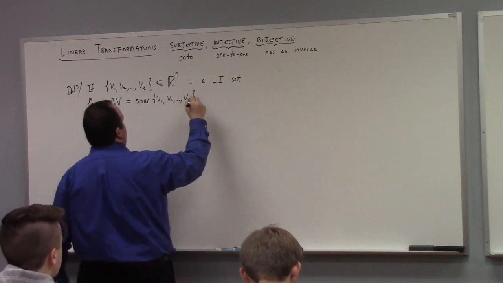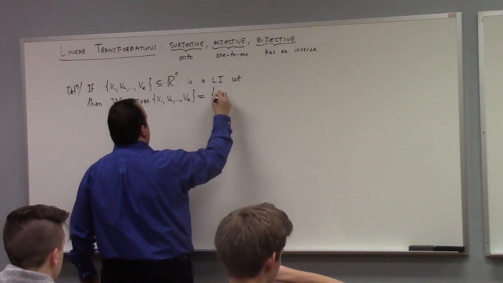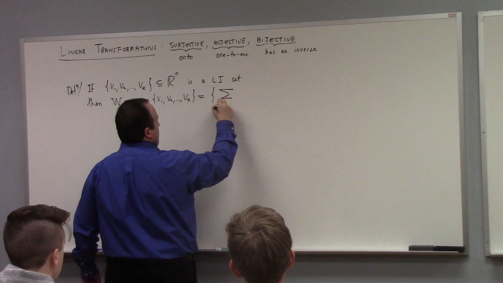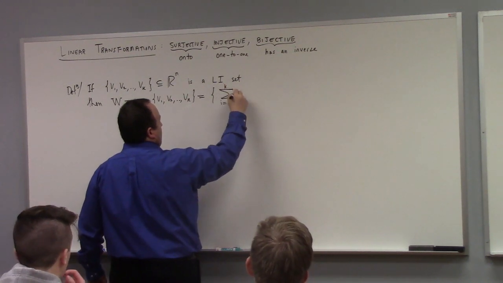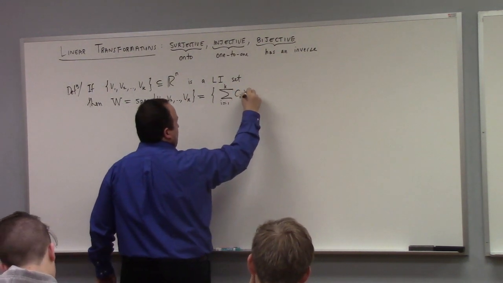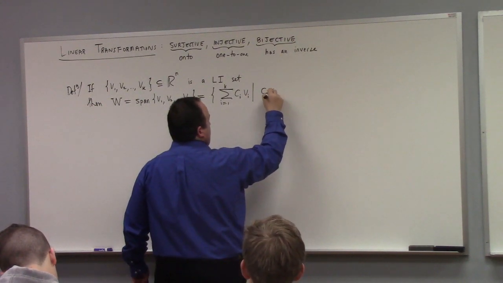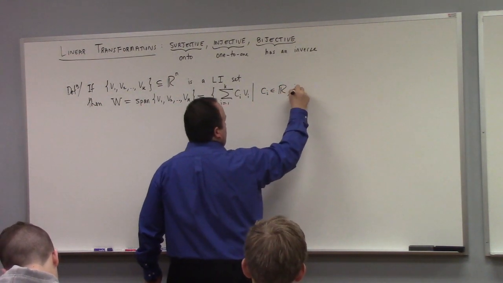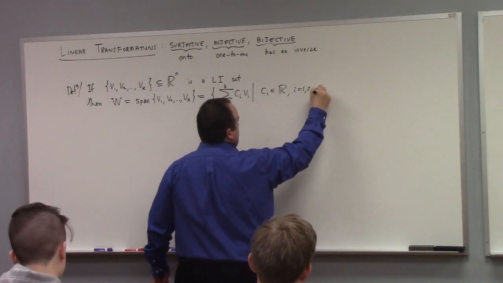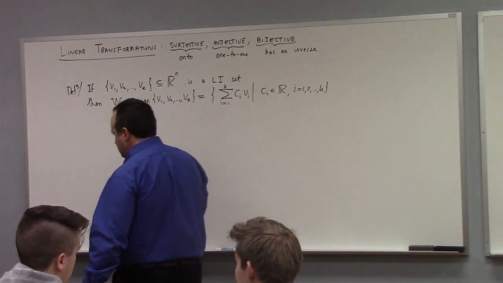All right. What's the span? Remember, the span is the sum over i equals 1 to k of c_i v_i, such that c_i is an element of the reals for i equals 1 all the way out to k.